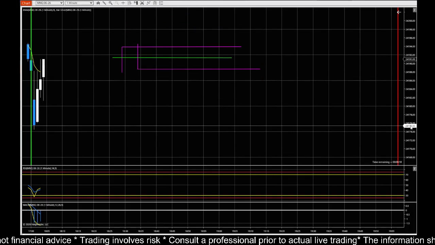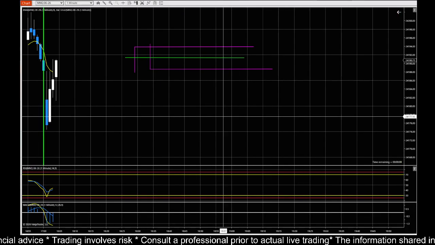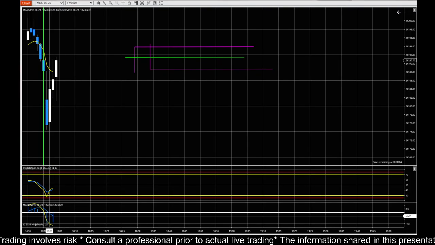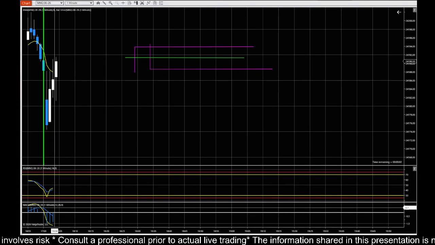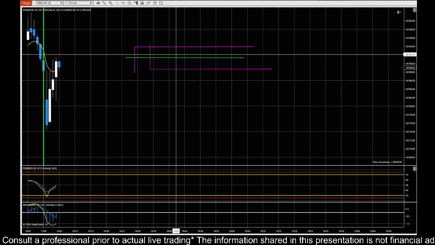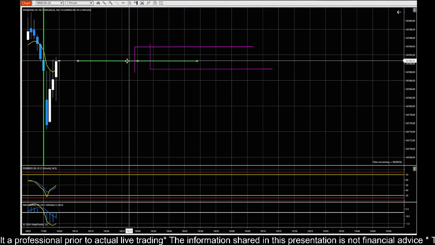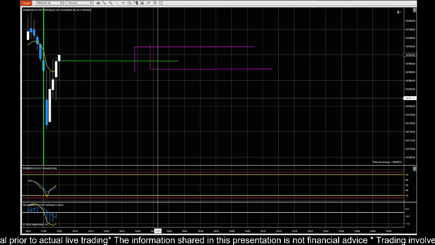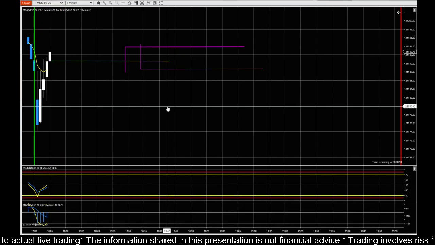Hopefully this closes over a little bit, and the MACD is looking like we should be trading down, but I don't use the MACD so much as an entry indicator. I use it just to let me know that maybe things can work out here. But is that going to reverse on us? Don't know yet. We'll just have to wait and see.